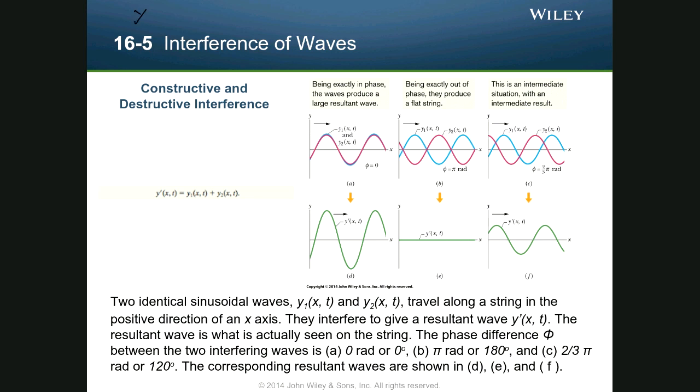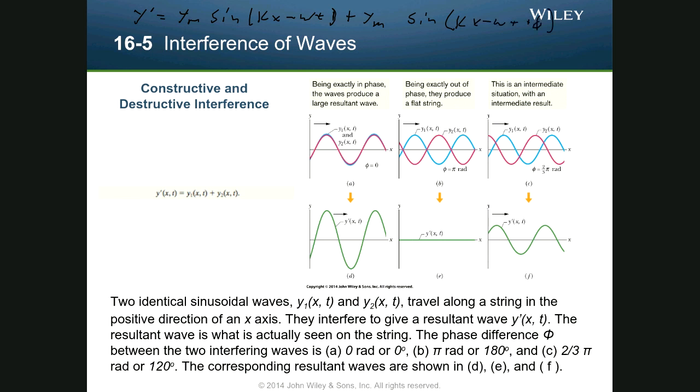So y prime would be equal to ym sine of kx minus omega t, plus ym times sine of kx minus omega t plus phi.